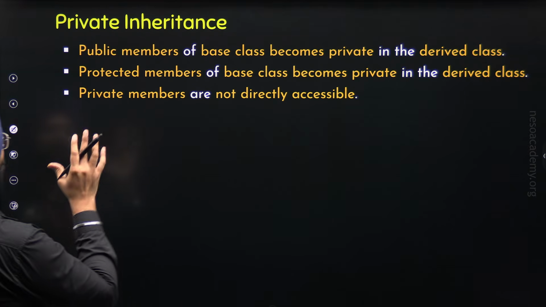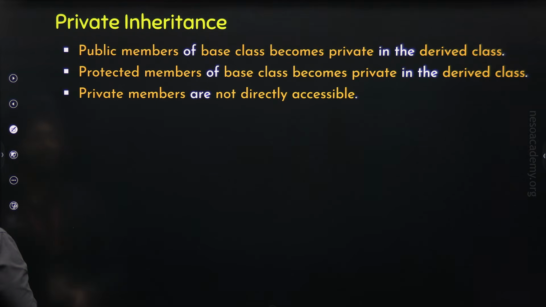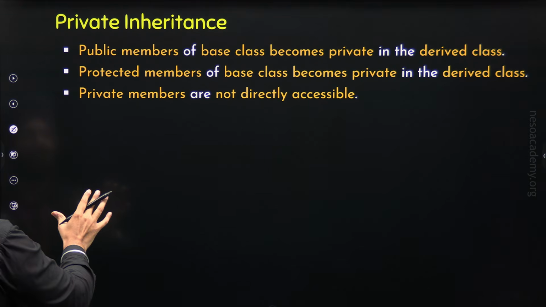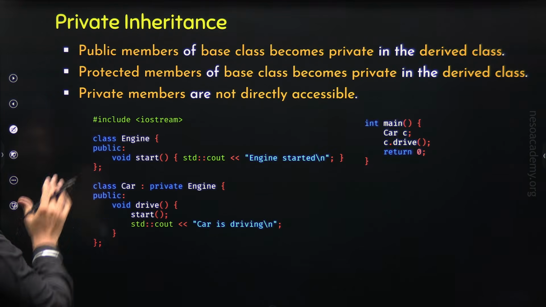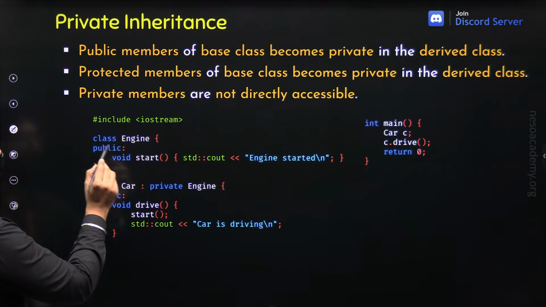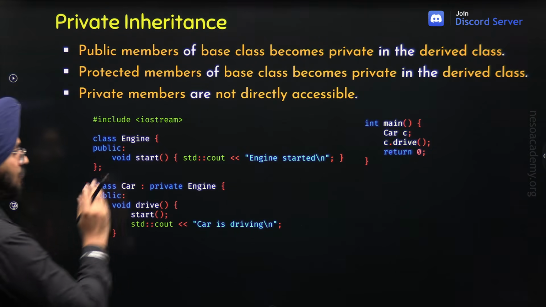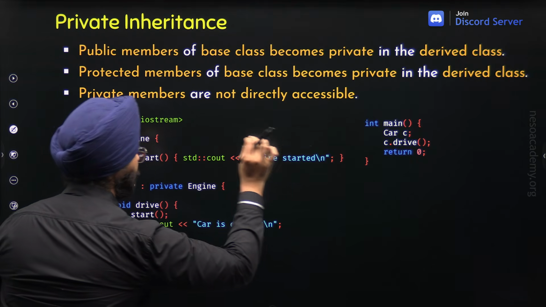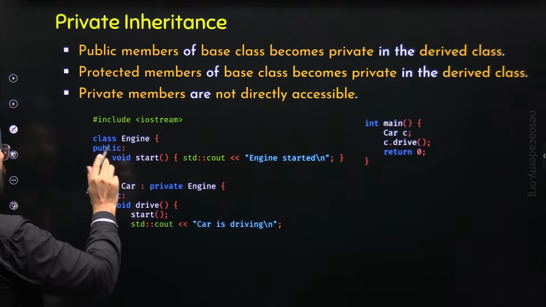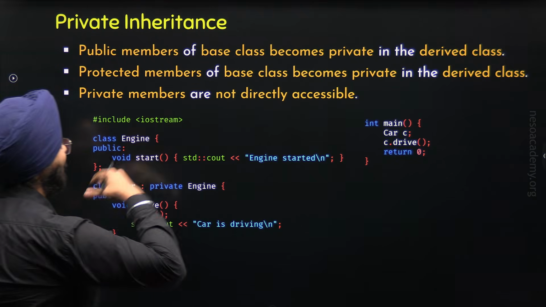Now let's understand properly what is private inheritance and why it is useful through an example in C++. Here is the example program. Here I have defined this class engine with the public member function start that allows us to display engine started on the screen. This means here I am mimicking the behavior of engine getting started.